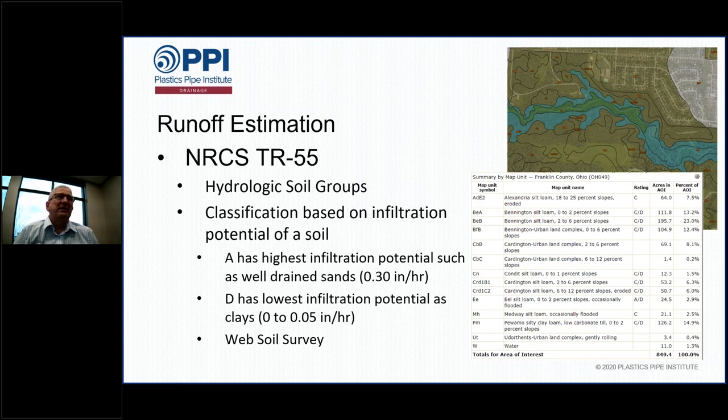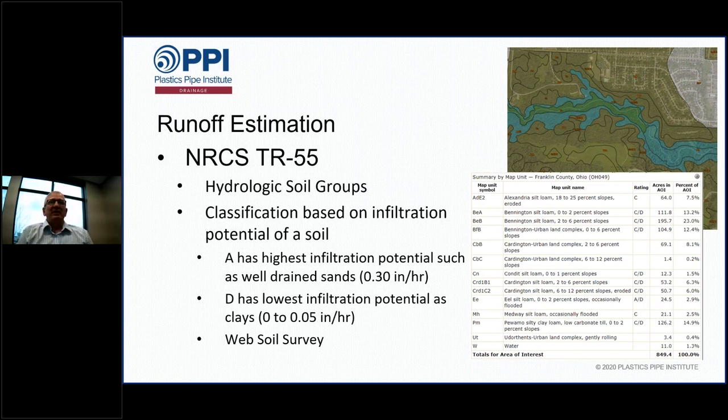From that Web Soil Survey, if you wanted to, you can actually import a shapefile into it, and for the drainage area that you have, it will come through and give you the constituency of all the different soil groups and what soil class they are for that particular basin.